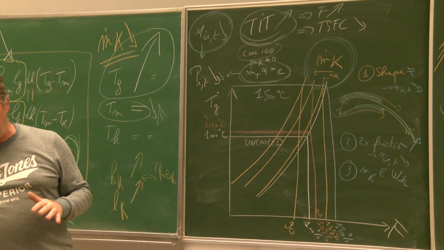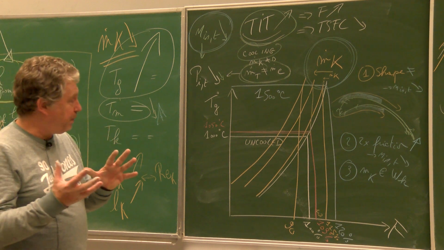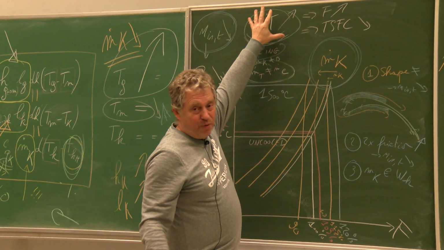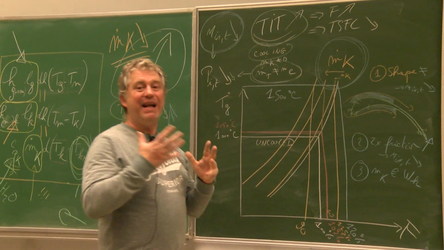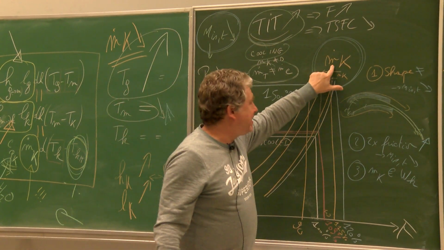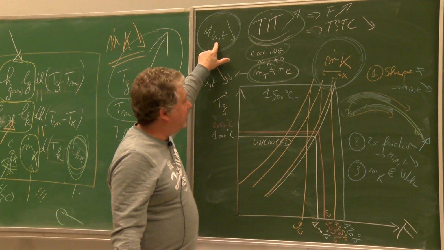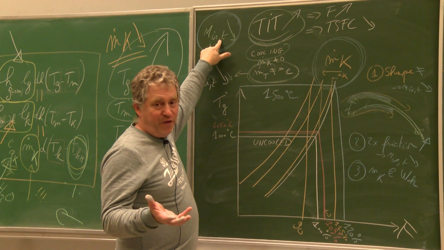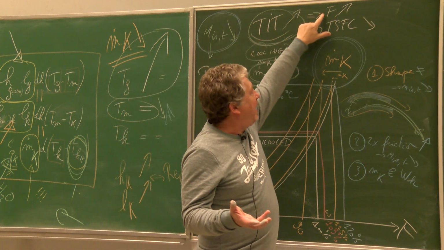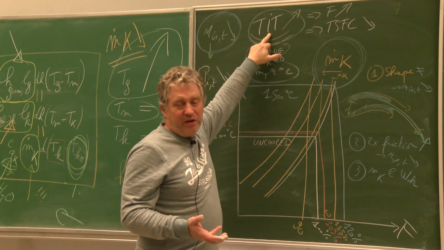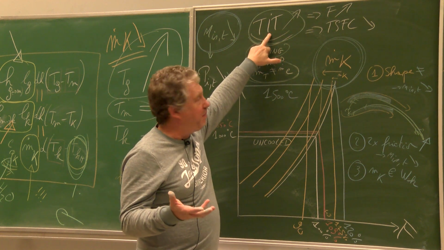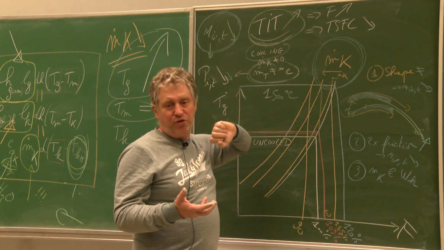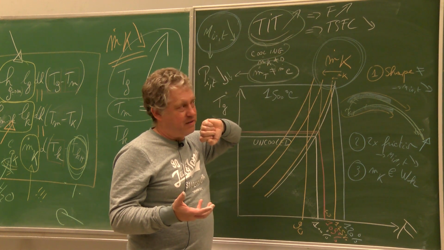But what you hope, as I've shown here, is that this increase of the TIT, which is the gain, will be larger than this decrease plus this decrease. There are two origins of losses of performance in F and in TSFC, and there is one origin of increase of the performance, and you hope that the increase will be much larger than the sum of the two losses.